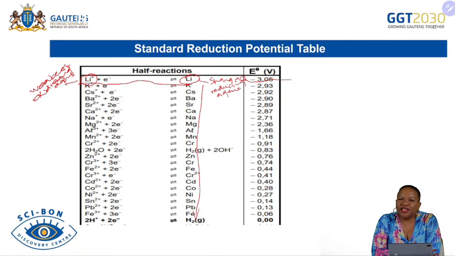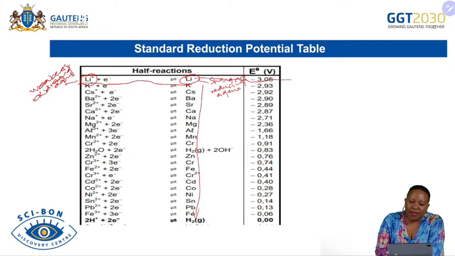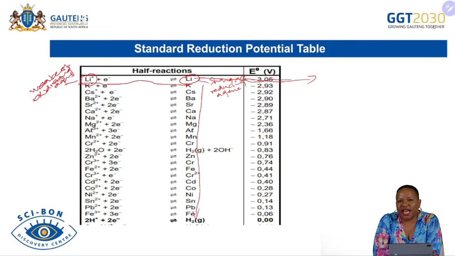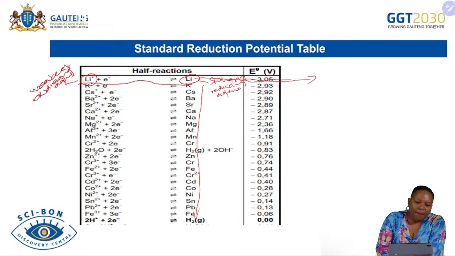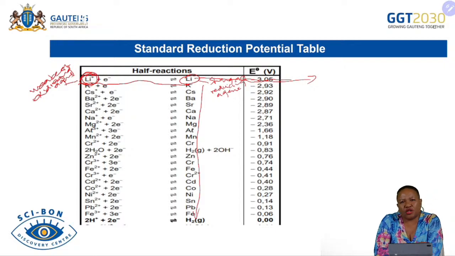And after identifying that you are the strongest reducing agent, it means you are the one that will undergo oxidation, meaning that lithium as a metal will lose electrons more than any other reducing agent in this table because it's the strongest. But because this side represents our oxidizing agent, lithium ion will be the last to gain electrons because it's the weakest oxidizing agent.